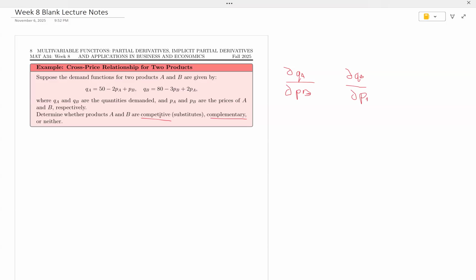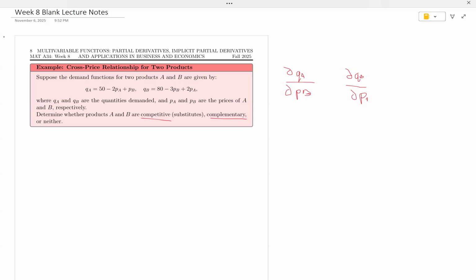Now, for this question, we're not given a specific point, but we'll see why. But in other questions, it might be at a specific price point. So given a specific price point, are they competitive or are they complementary? And it turns out that some items at certain price points are complementary, and then at different price points, they are competitive. It could matter on the price.